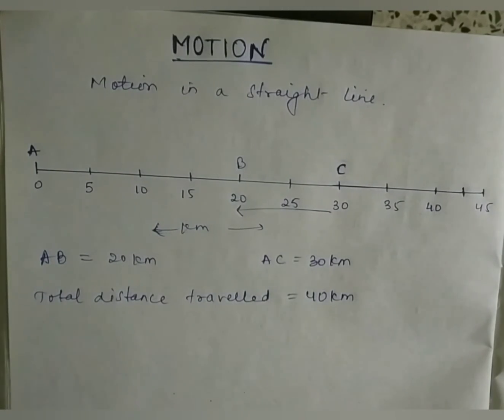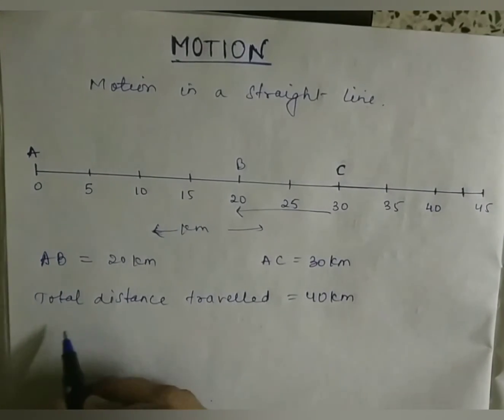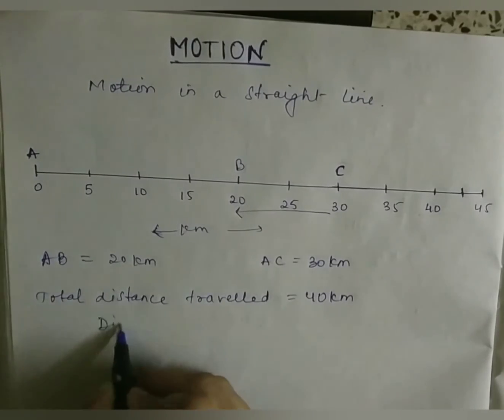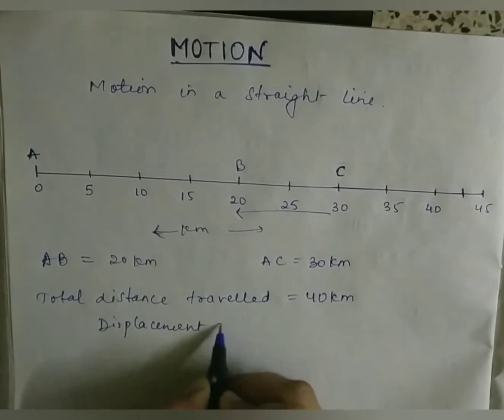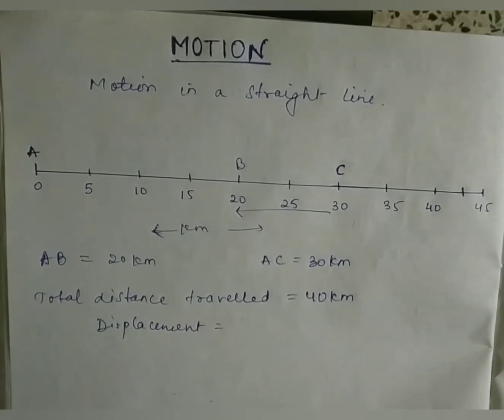But what is the total displacement? The displacement is equal to only 20 kilometers. Why? As I stated, the definition of displacement is the shortest distance between the initial position and the final position.